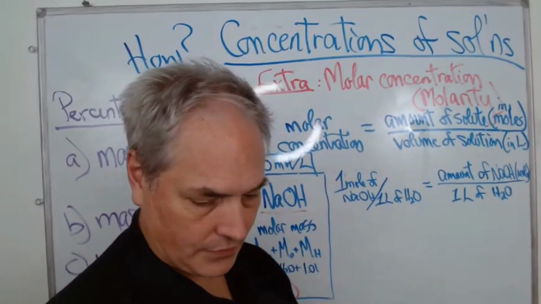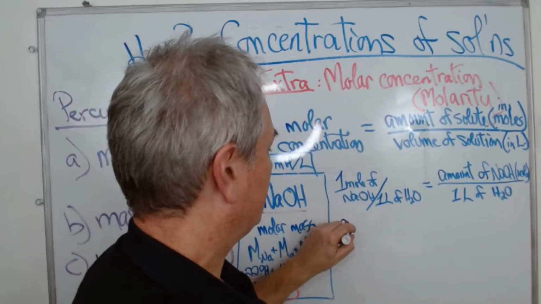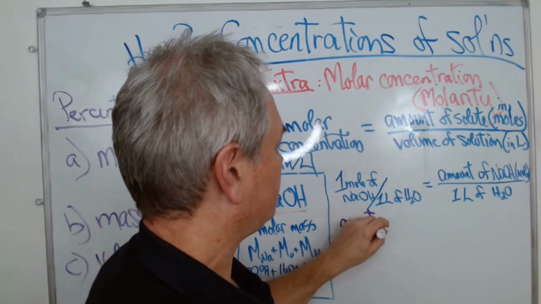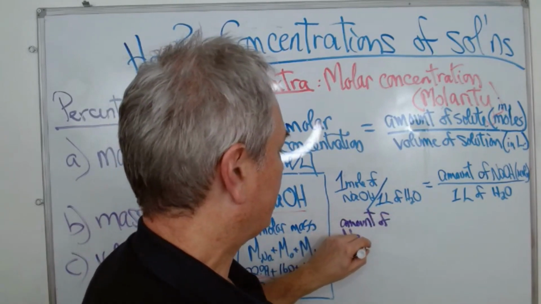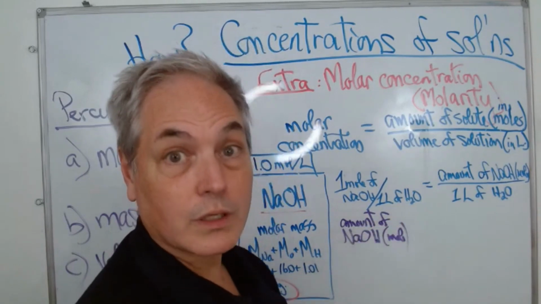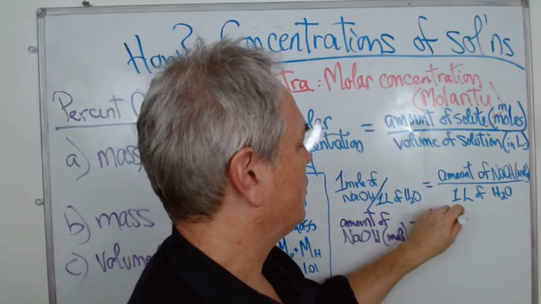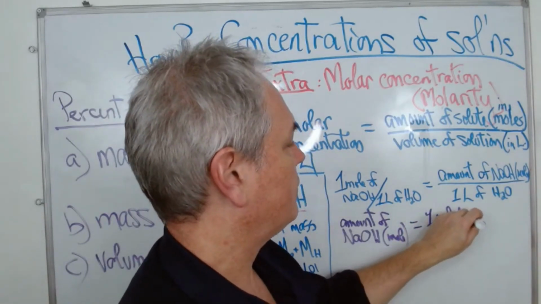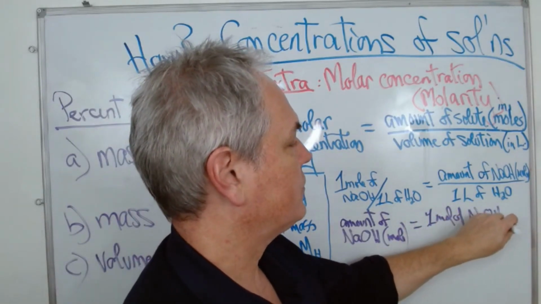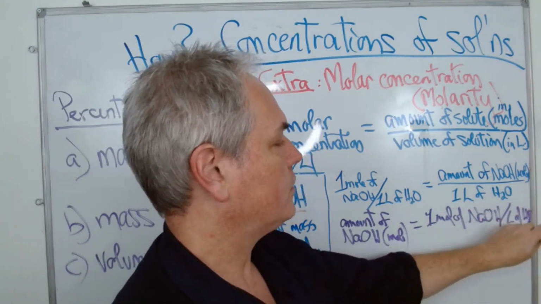So we have the amount of NaOH in moles equals 1 mole of NaOH per liter of water.